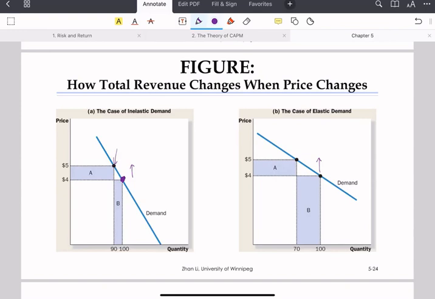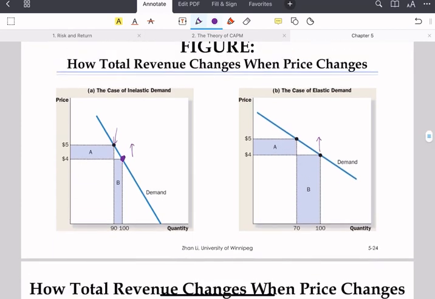Now let's do some calculation and see how revenue will change, right? This is a very easy calculation. So let's calculate the total revenue here. Well, it is very easy, right? It's 4 times 100, which is 400.